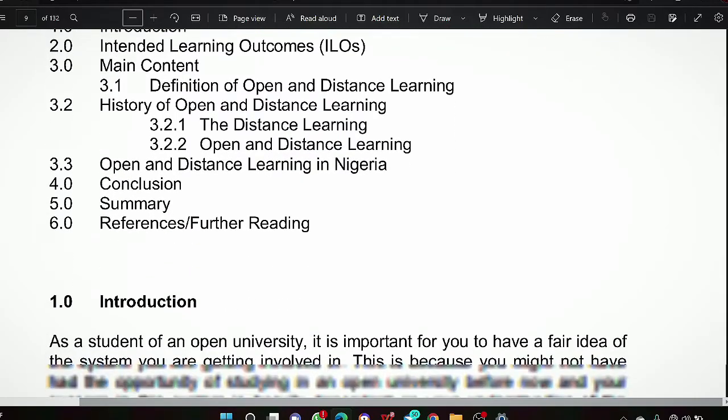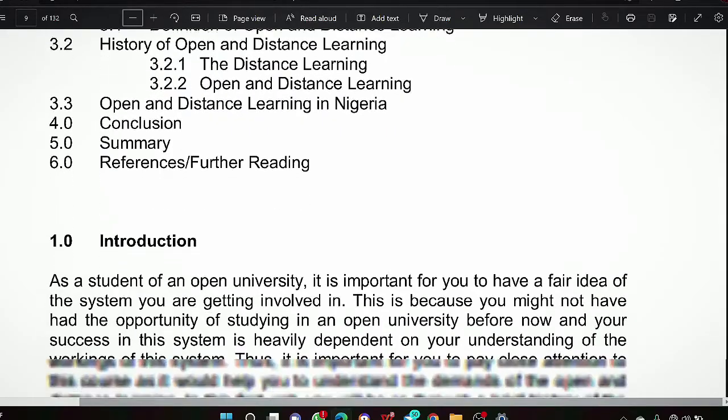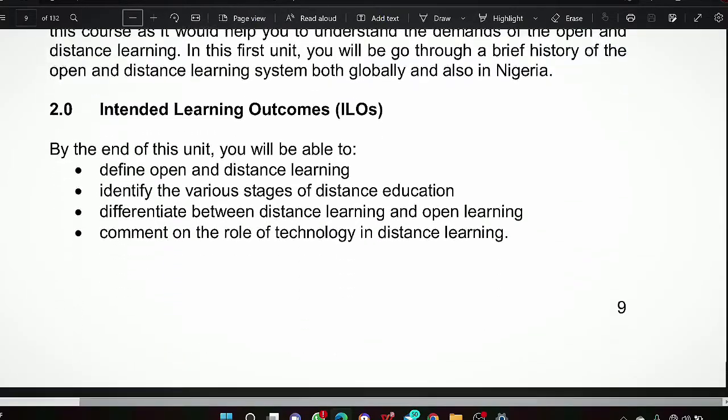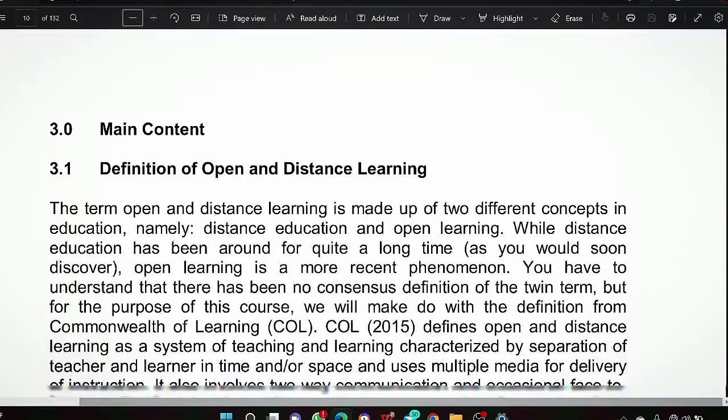We have the introduction, the intended learning outcomes, that's ILOs, and the main content: definition of open and distant learning, and the history of open and distant learning.